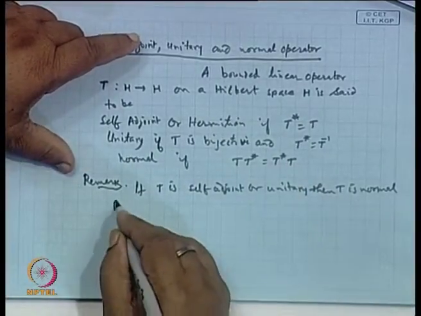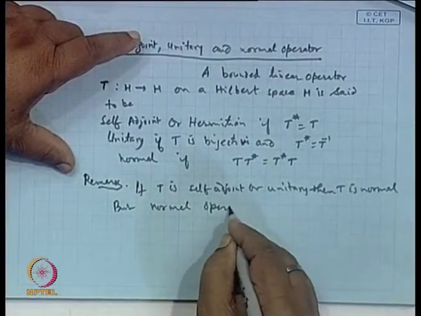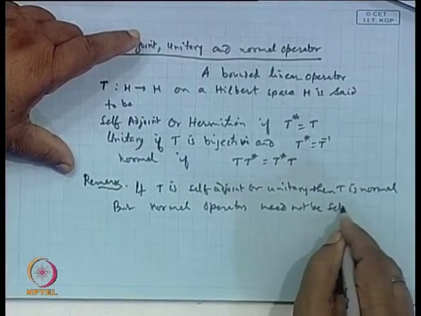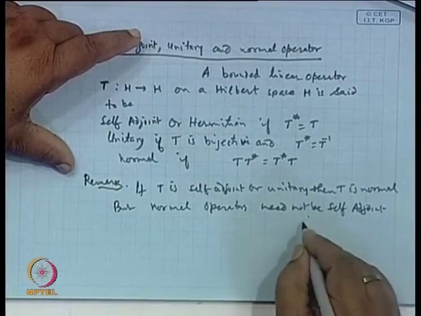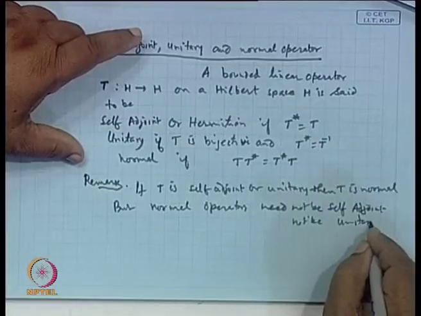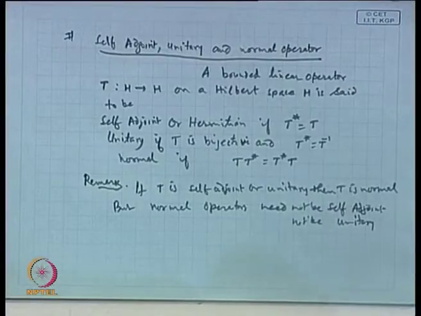But a normal operator need not be self adjoint or need not be unitary. Clear? The converse need not be true. An operator may be normal, but it need not be a self adjoint operator or unitary.